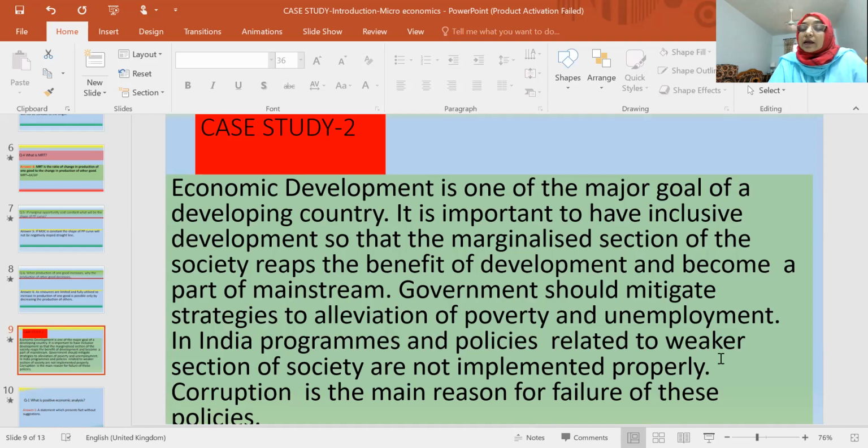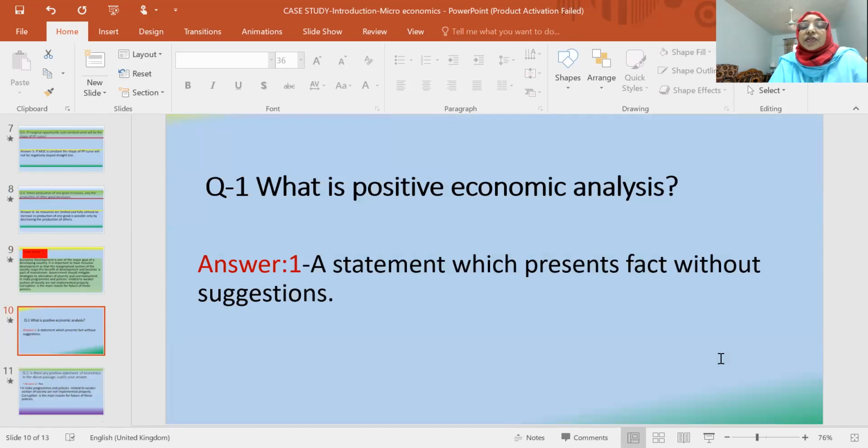Now, let us see what question is based on this passage or on the basis of this case study. The very first question is, what is positive economic analysis? A positive economic analysis or a positive statement is a statement which presents the fact or reality as it is without any suggestion. For example, it is raining. That is what is happening is mentioned. It is very hot today.